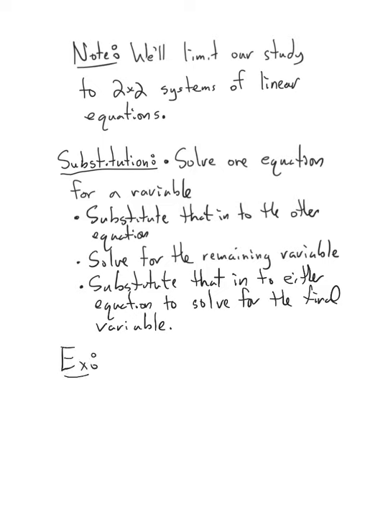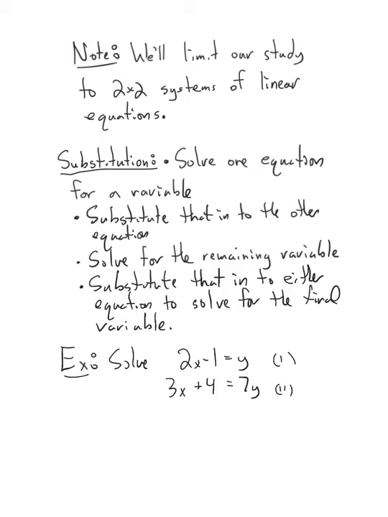And let's do one where we know the answer. So let's solve 2x minus 1 equals y, and 3x plus 4 equals 7y. I'll call this equation 1, this equation 2.